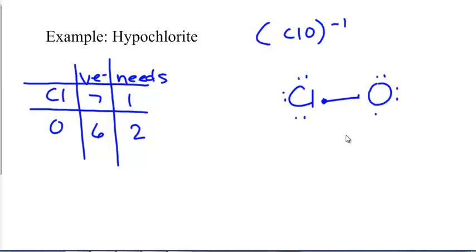The answer is no. The reason being because oxygen has 1, 2, 3, 4, 5, 6, 7. It's short 1. If chlorine took these 2 electrons right here and did a coordinate covalent bond, oxygen would have 9. That's too many. So instead, what happens in this kind of bonding is oxygen receives an electron from the outside.